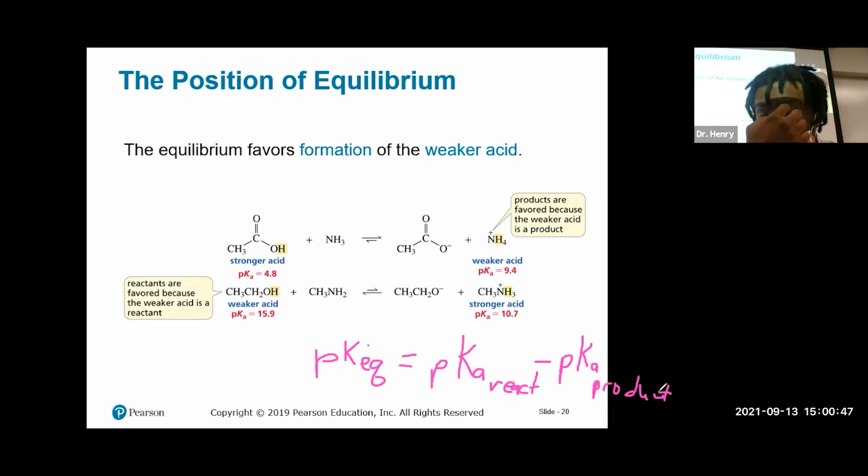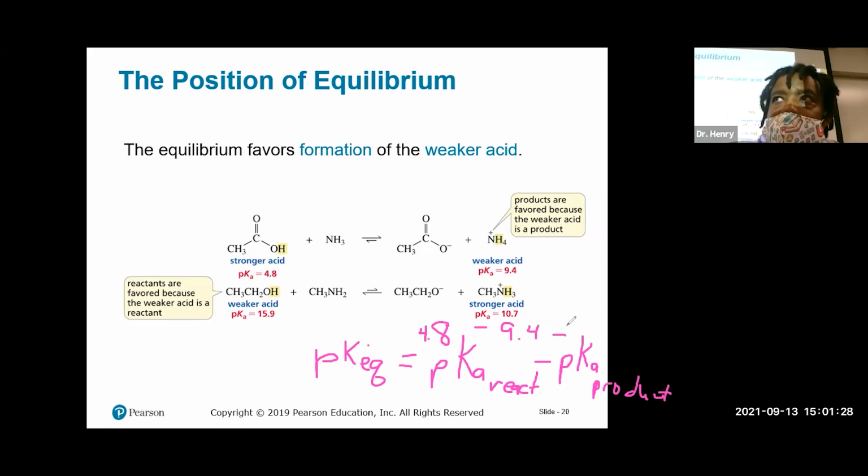Okay. So if our pKa reactant minus pKa product, so our pKa of our reactant is, in this case, for this carboxylic acid, propanoic acid, 4.8, minus the pKa of this acid, which is 9.4.